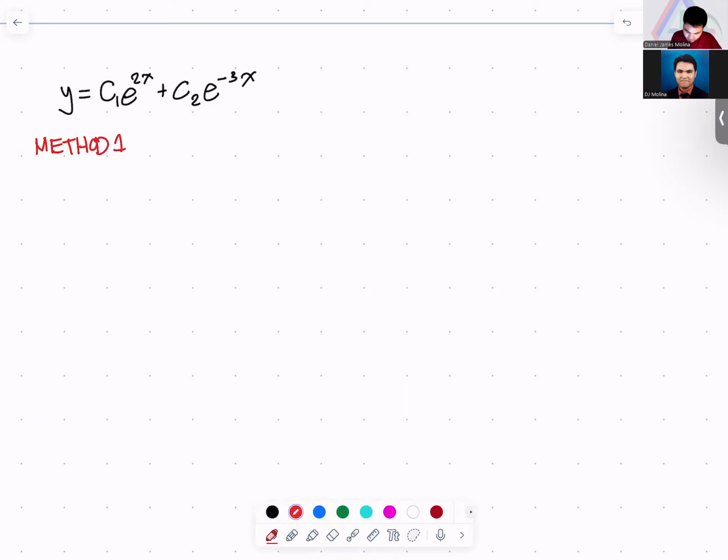The conventional way. So let's differentiate the equation twice because we have two arbitrary constants. That's y prime equal to, by chain rule, 2c1 e raised to 2x minus 3c2 e raised to negative 3x.